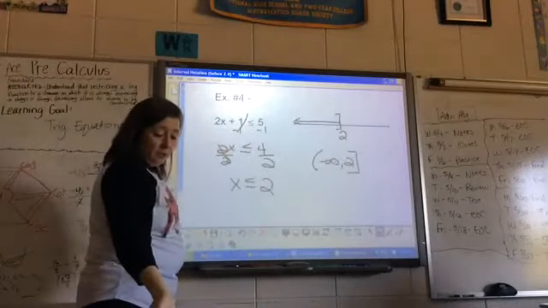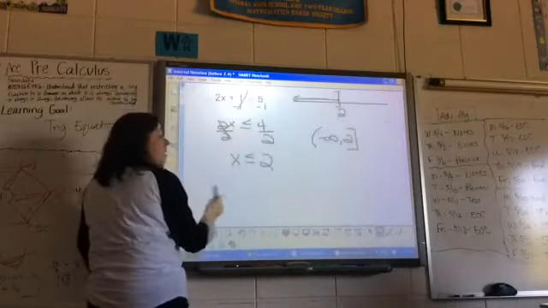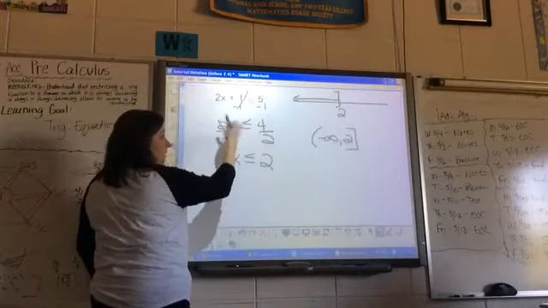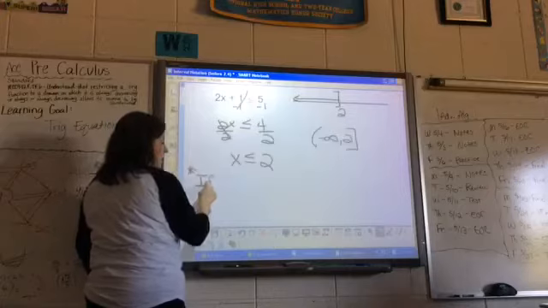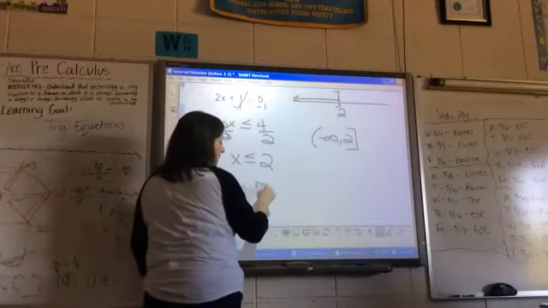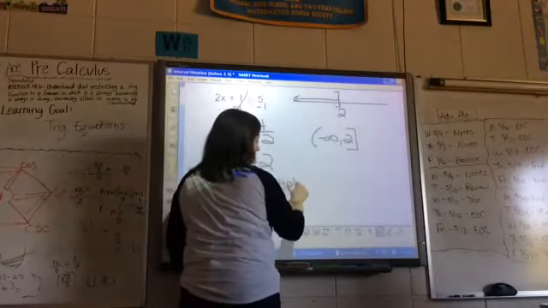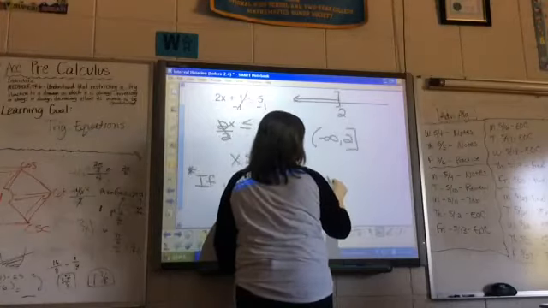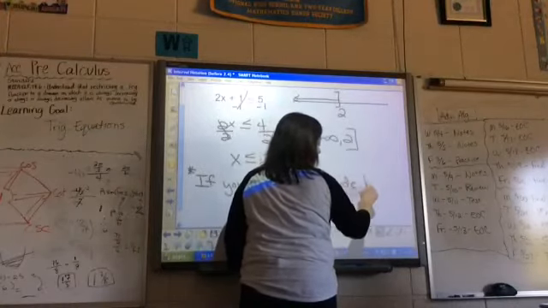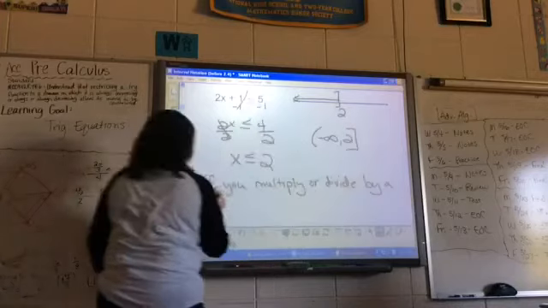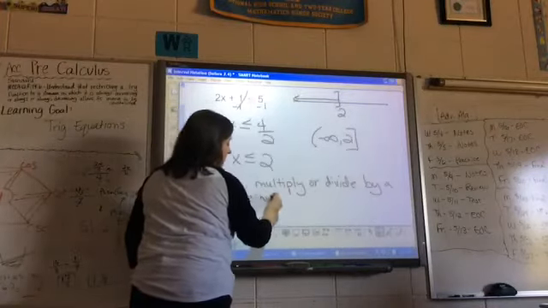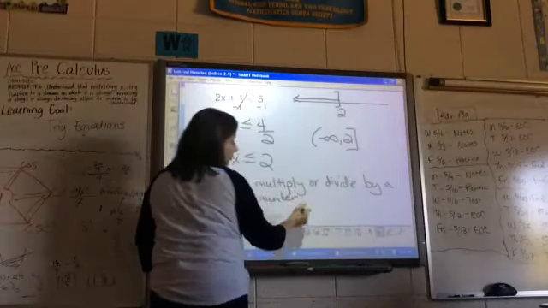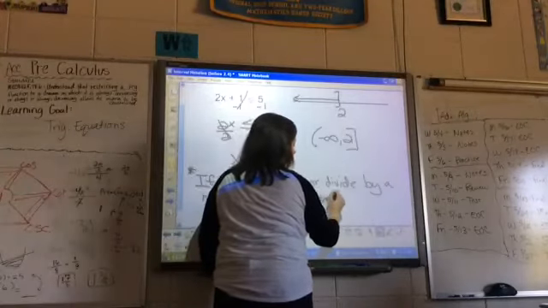Now, I'm going to go ahead and write down what I said about the division rule, or multiply. So note to self, if you multiply or divide by a negative, reverse the symbol.